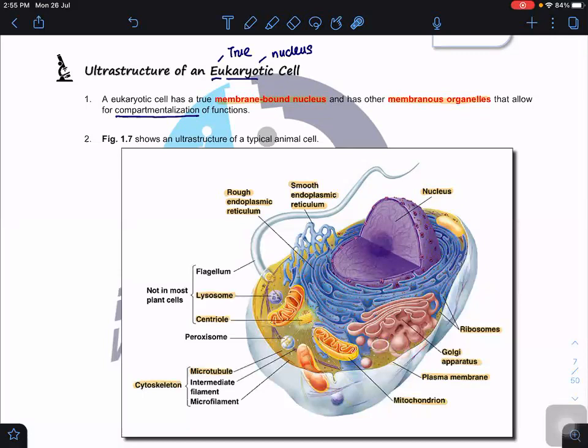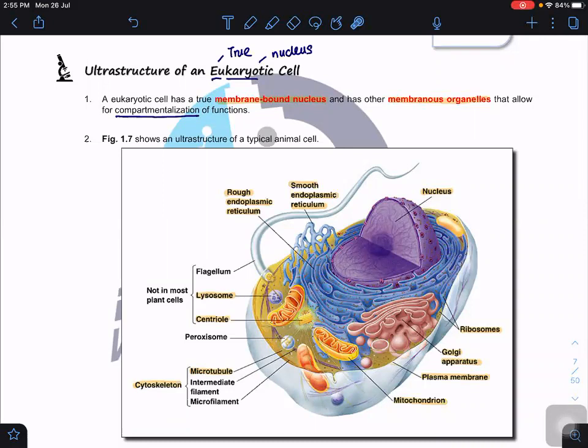vesicle. Can you see that? The vesicle that formed from the Golgi apparatus is known as the Golgi vesicle. So how do you differentiate between the structures? The nucleus is a large prominent structure, and if you look at the rough endoplasmic reticulum and the Golgi apparatus, you can see that they form something like a bag.